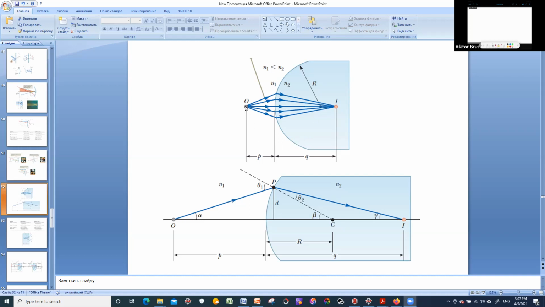So for instance, we have this object, and then we want to get some information about the position of the image of this object as a function of the position of the object, the curvature of this interface, and also the refractive index of both mediums which form this interface.